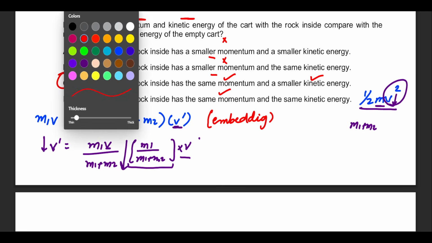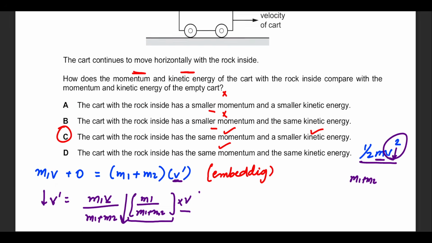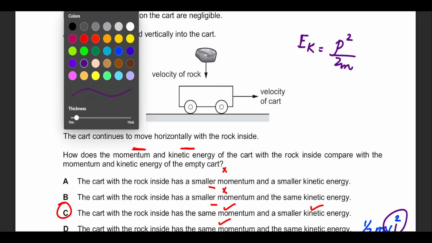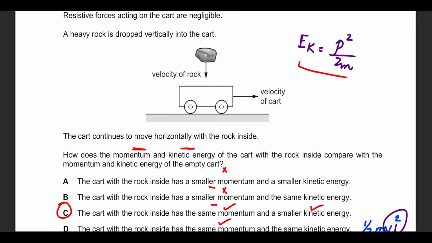If you go to, for example, OCR, PSN, Edexcel, or other A-level courses and syllabuses, you will see that they use another formula for this justification. That is, kinetic energy is equal to momentum squared divided by 2m. And of course, you can derive this formula from half mv squared compared with mv.